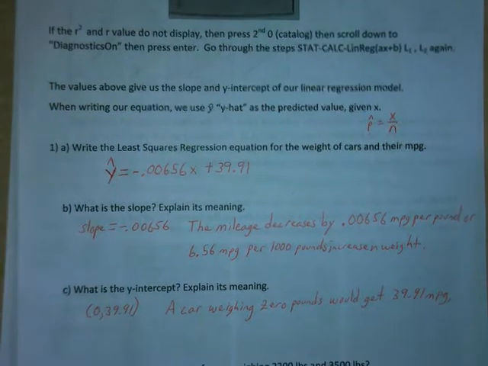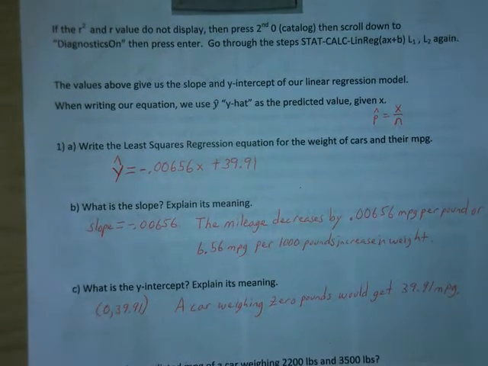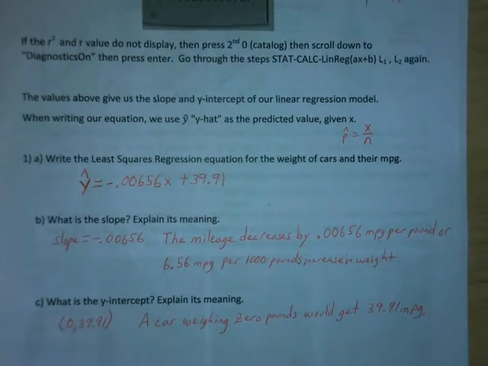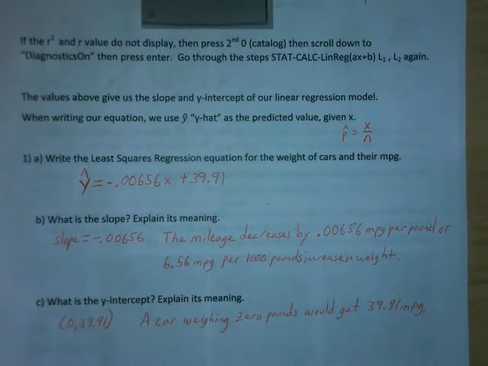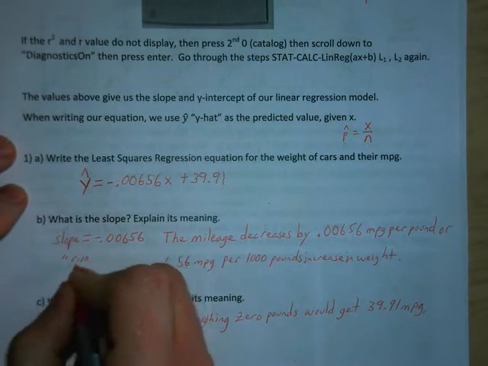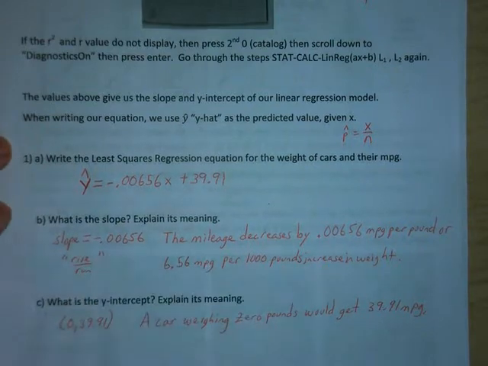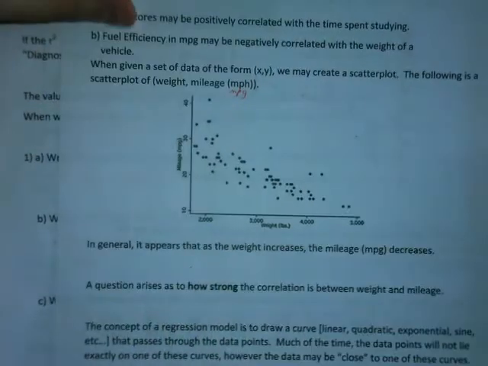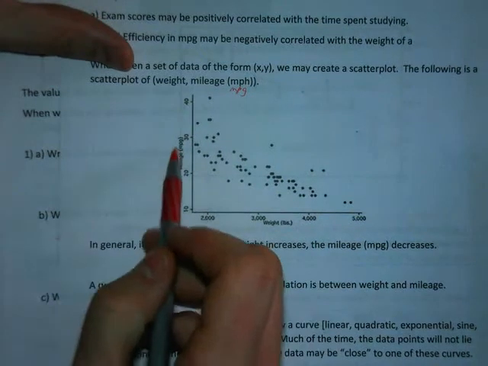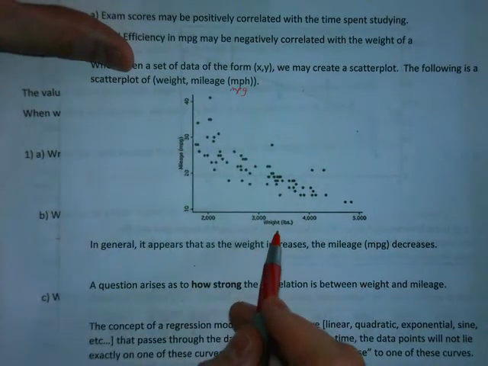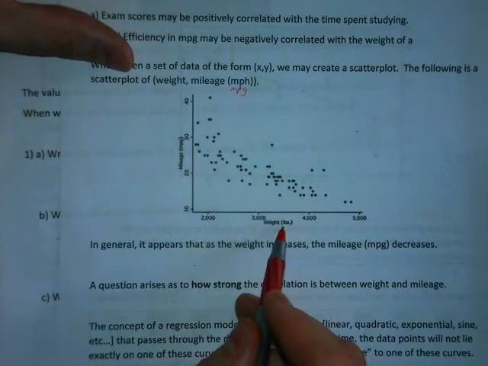When we look at explaining the meaning, the slope is the coefficient of x, and this is a little awkward, but if you remember slope as rise over run. Rise in our example, again, this isn't our exact scatter plot, but it's the same idea, is the mileage in miles per gallon, and the run is the weight in pounds.